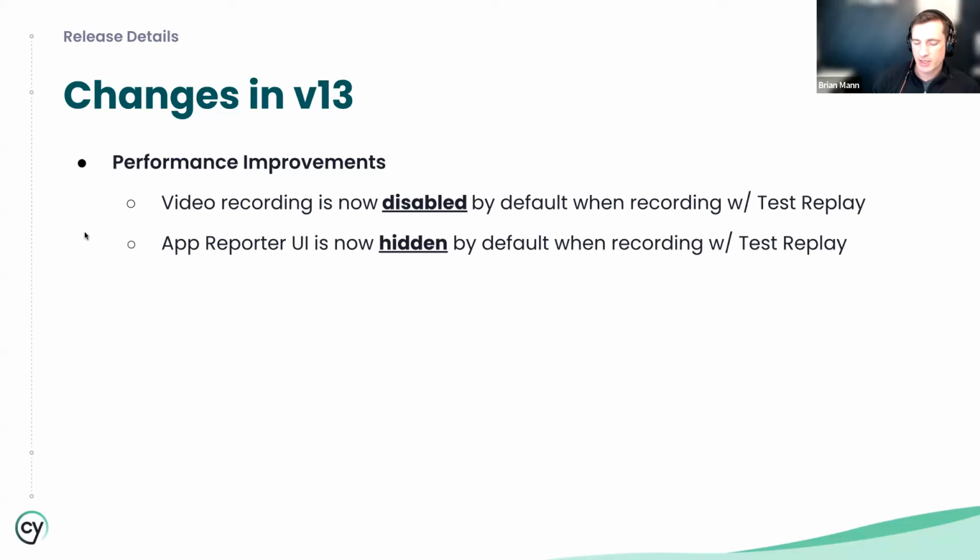In most cases, you'll probably experience performance that's a wash between them, or it will actually be better. But we're also aiming to make a second change, which is we intend to hide the app reporter UI.